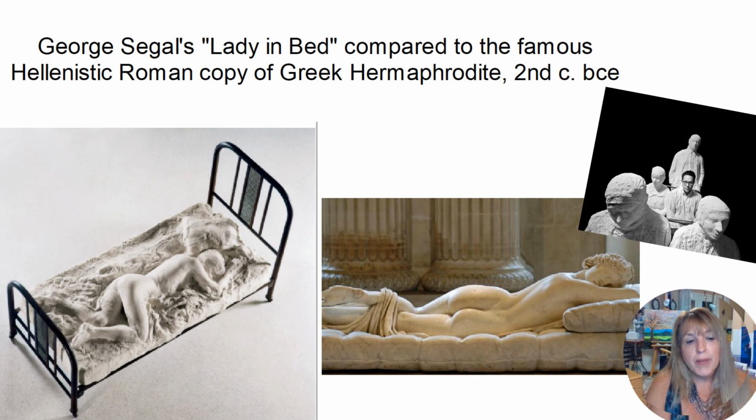You could also compare it to the Hellenistic Roman copy of a Greek hermaphrodite, and this is 2nd century before Common Era. And so this is sometimes more accurately called a Greek hermaphroditos figure.